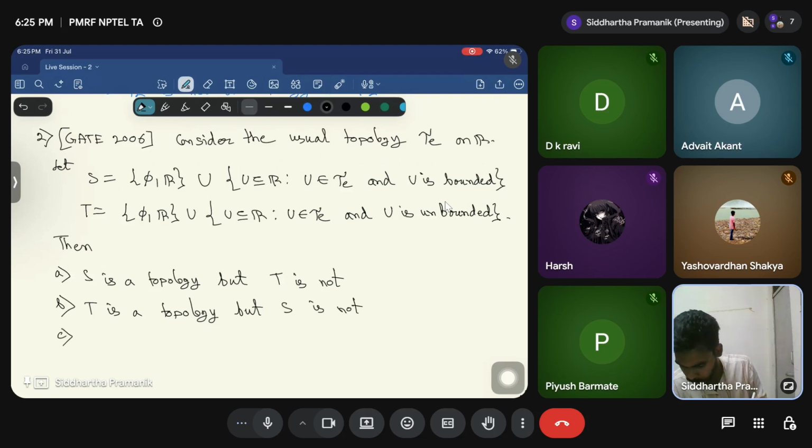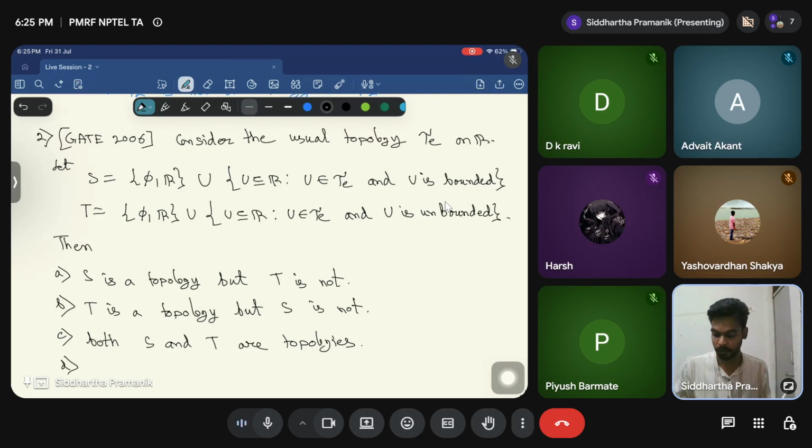Then both S and T are topologies on R. And the last one is neither T nor S is a topology. So neither S nor T is a topology.